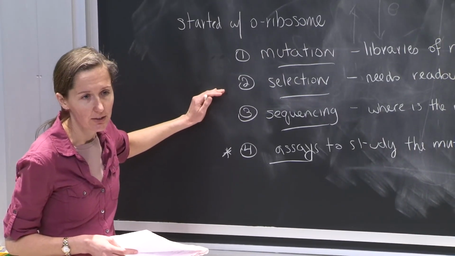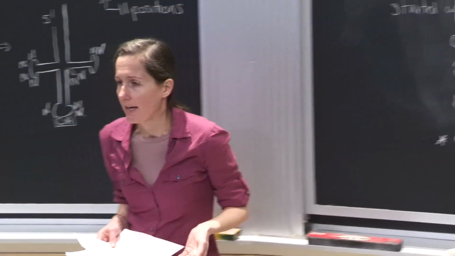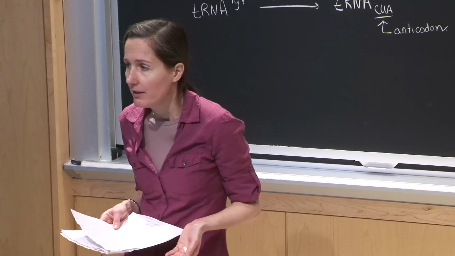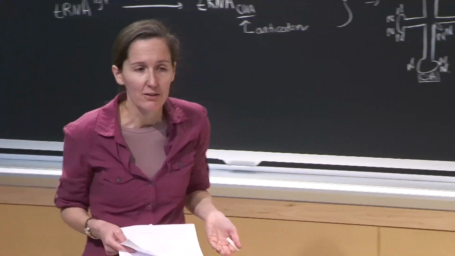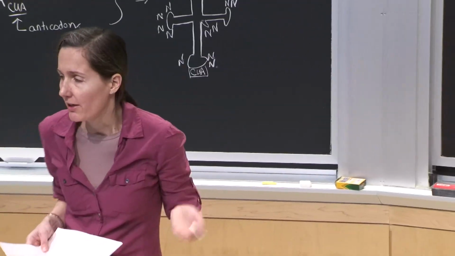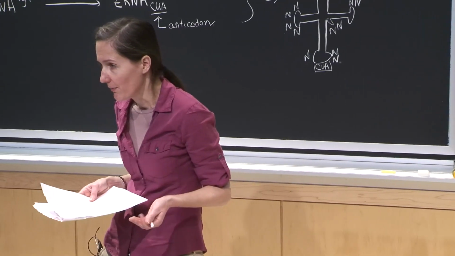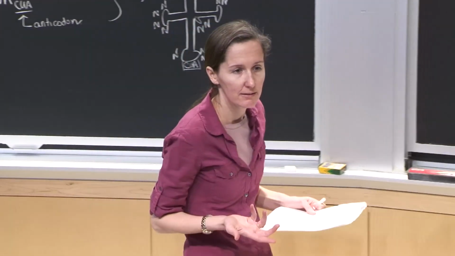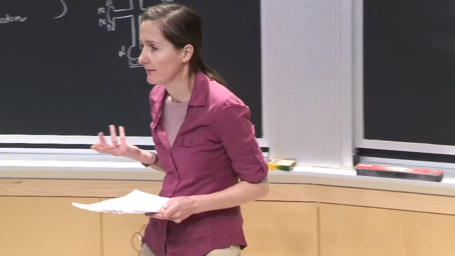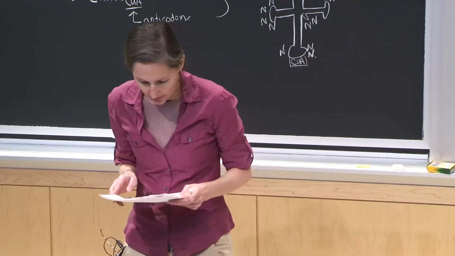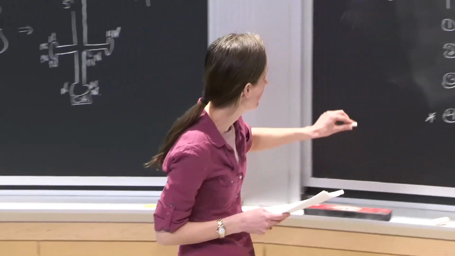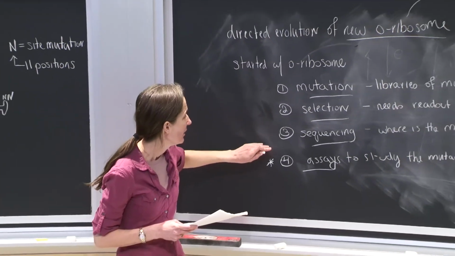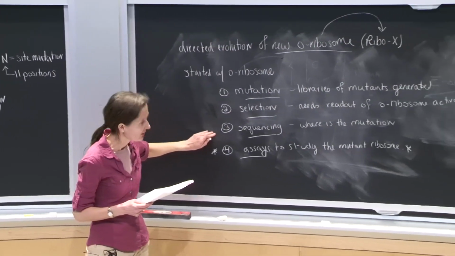Effectively, an enzyme that provides resistance to chloramphenicol, which is an antibiotic that blocks translation, was put under the control of the orthogonal ribosome. So you can imagine using antibiotic resistance as a selection there. And then the sequencing: once we've selected for some mutants, we have to ask where is the mutation.